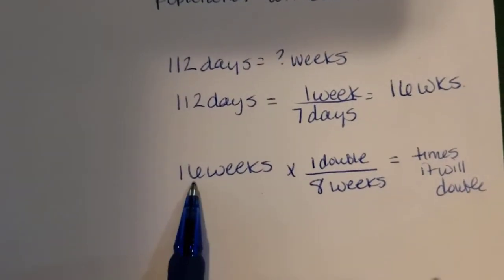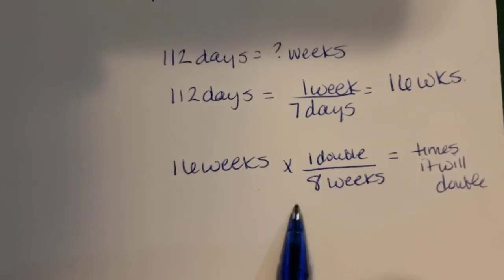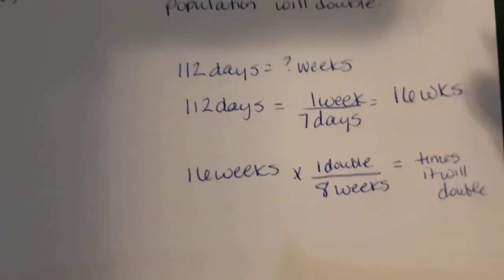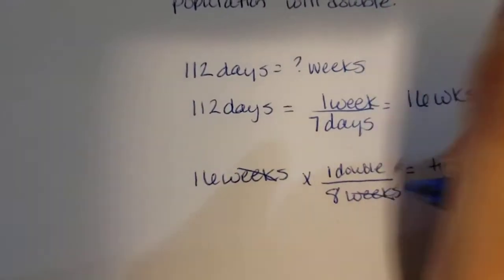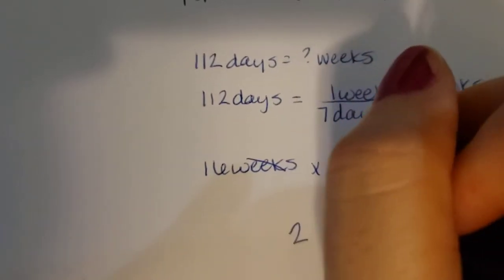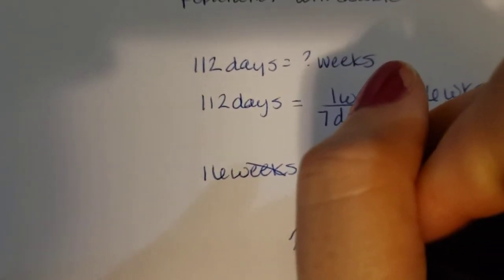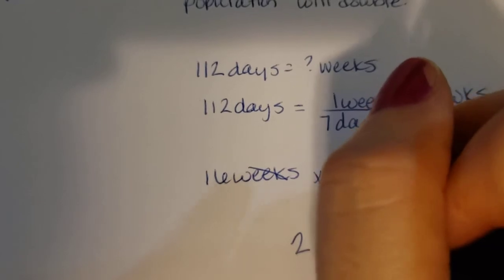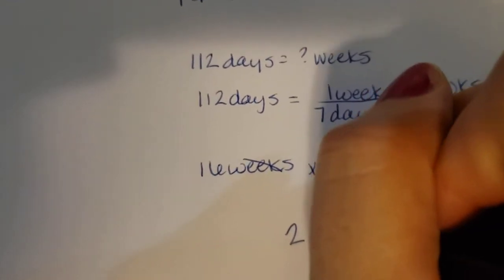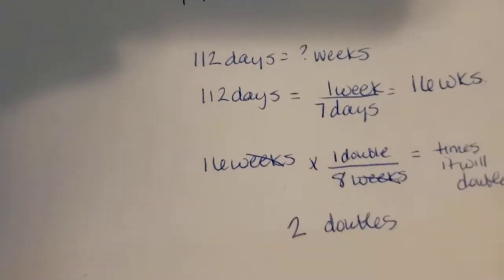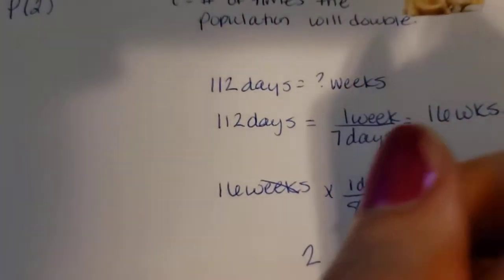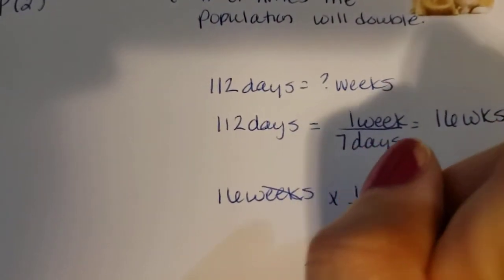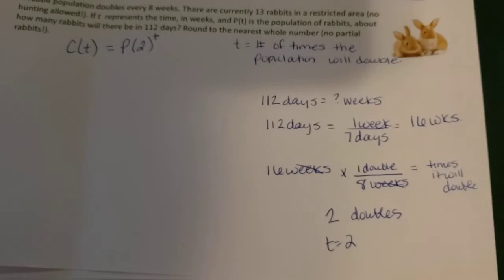Okay, so 16 times 1 is 16 divided by 8. My weeks cancel out. So that means that it will double 2 times. So 2 doubles. Okay, so that means t equals 2.